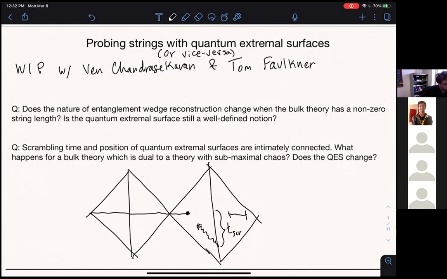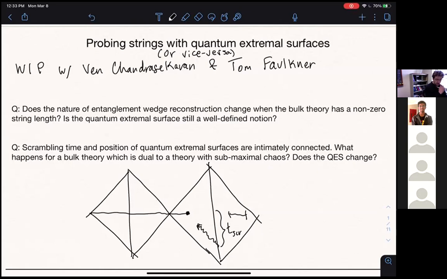So we were trying to understand better if the nature of quantum extremal surfaces changes when you include finite or non-zero string length corrections in the bulk. I'll give a brief review of what quantum extremal surfaces are, but there have been a lot of recent developments related to computing the Page curve in black hole evaporation using quantum extremal surfaces.